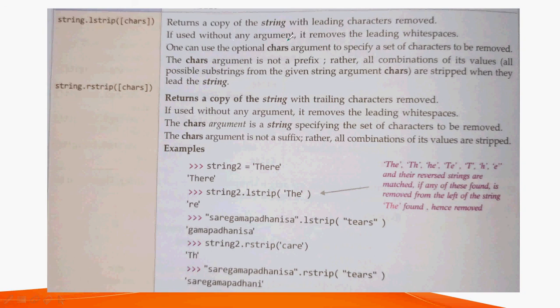If used without any argument, these arguments are optional. You can see it here. If no arguments are provided, it removes the white space. Any space at the beginning, it will remove that. If characters are provided, that character will be cut from the string.